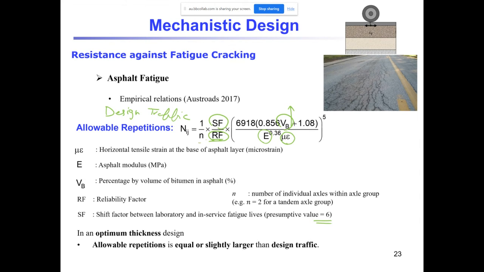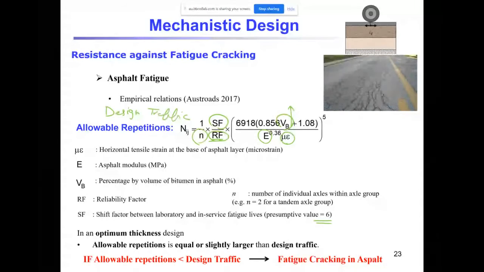There is also one N, which depends on the number of individual axles within the axle group, right? For example, for a tandem axle group, we know that there are 2 axles, therefore N becomes equal to 2. So again, if allowable repetition is less than design traffic, then there is fatigue cracking in asphalt, therefore your design won't be acceptable.